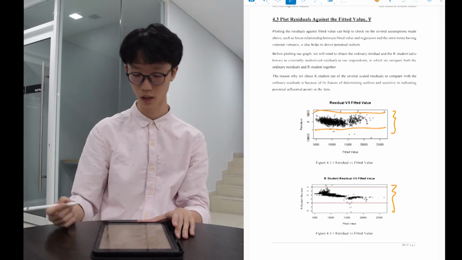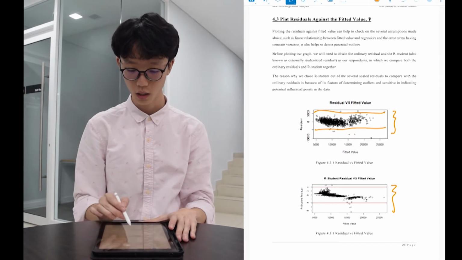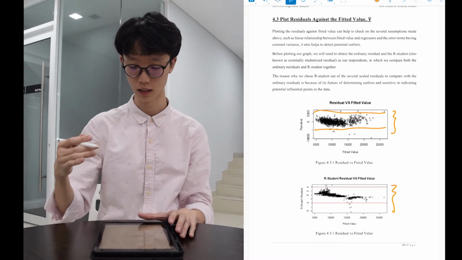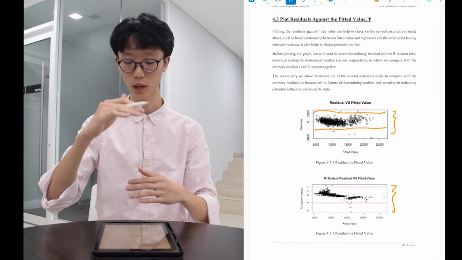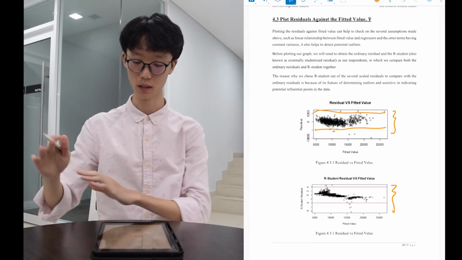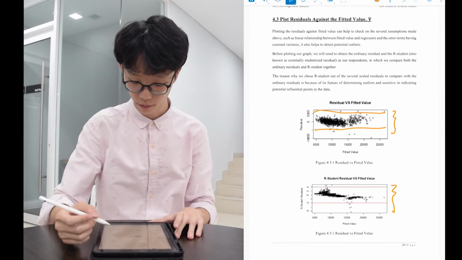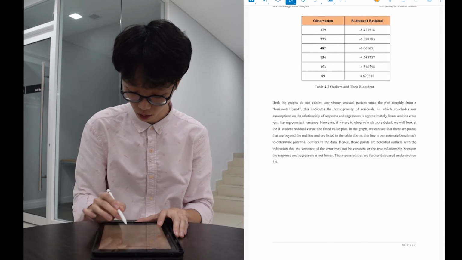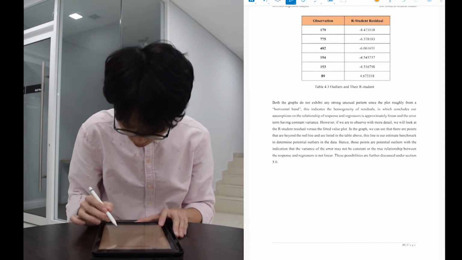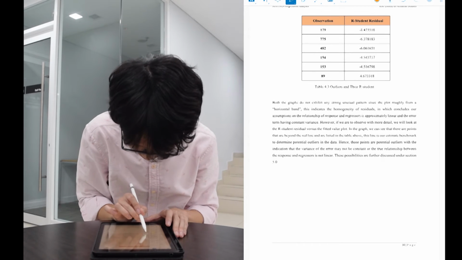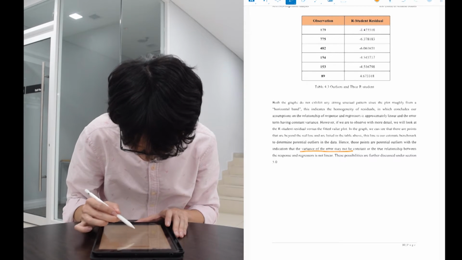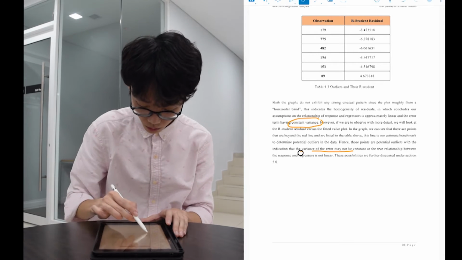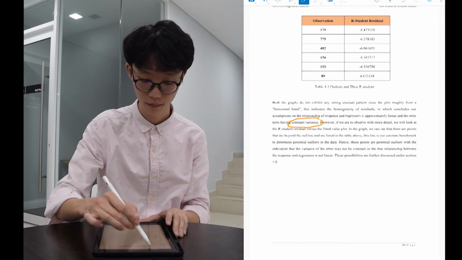The horizontal band signifies that the residual won't have an obvious pattern, and this also signifies that we have a constant variance for the error.